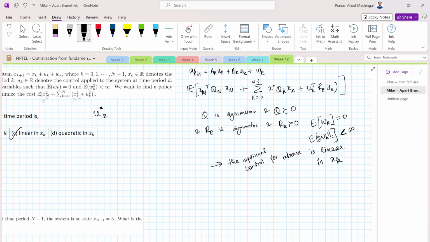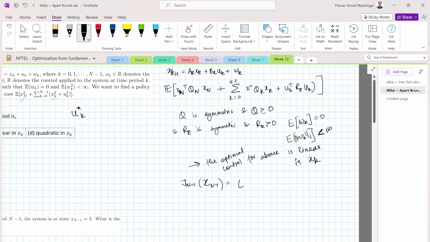How it was shown was, first the optimality equation for the N-1 period was written. You will get a quadratic in your xN and uN-1.